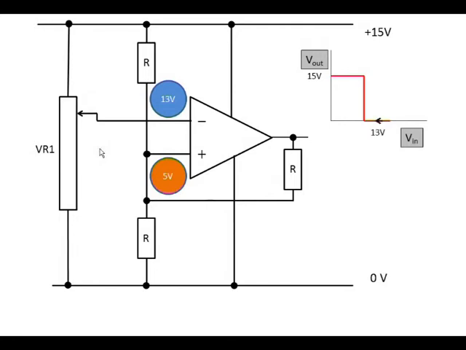So at first 13 volts, 12 volts, 10 volts. Note this time that we've come back to 10 volts, but whereas 10 volts before was enough to trigger the output to swing from plus 15 to 0, it's not low enough to swing the voltage from the output back to 15 volts, because the lower threshold voltage, which is now being created at the non-inverting input, is 5 volts.